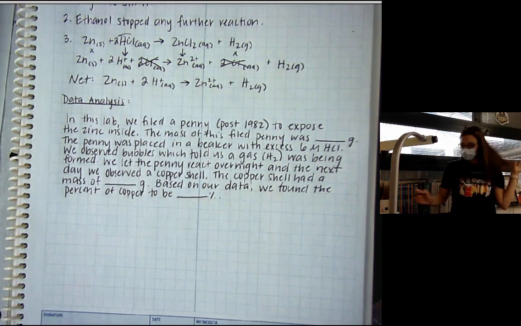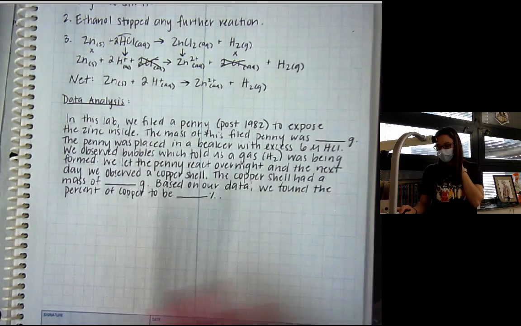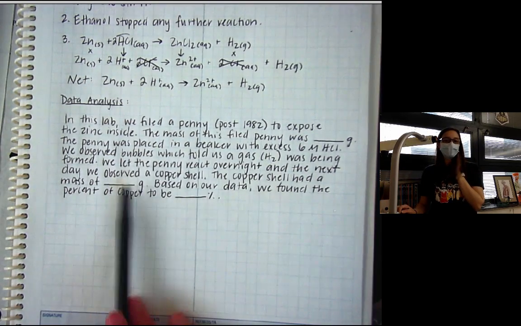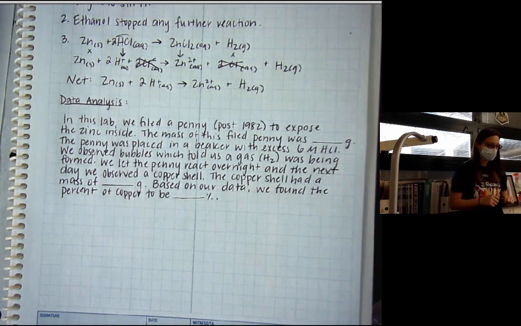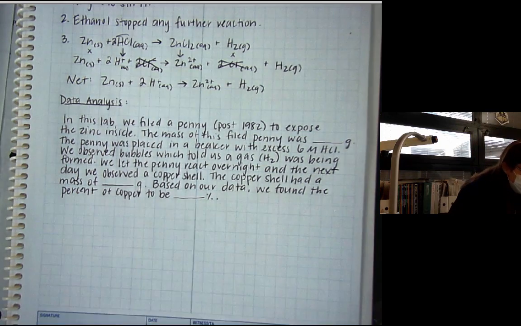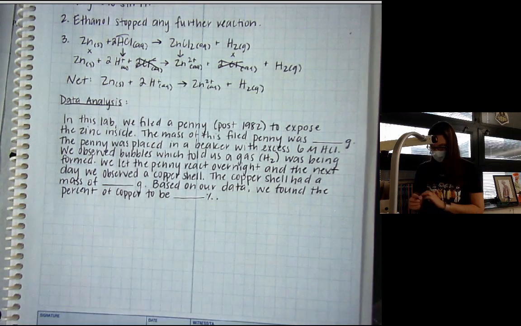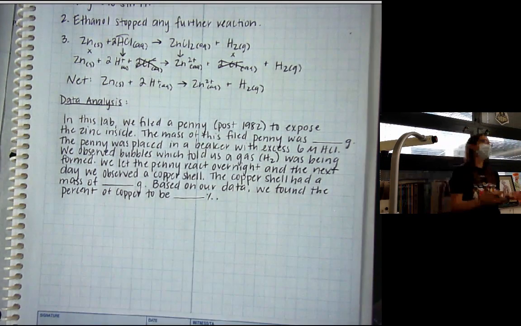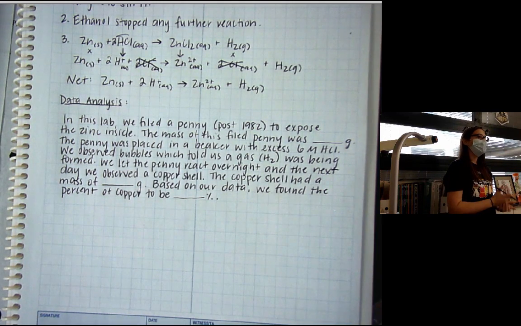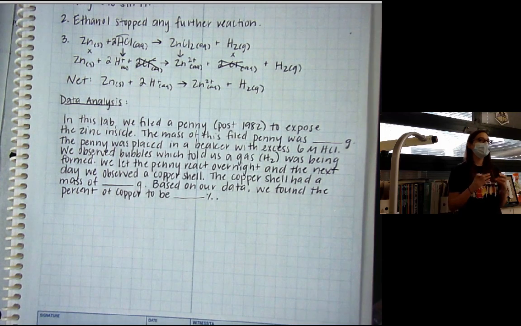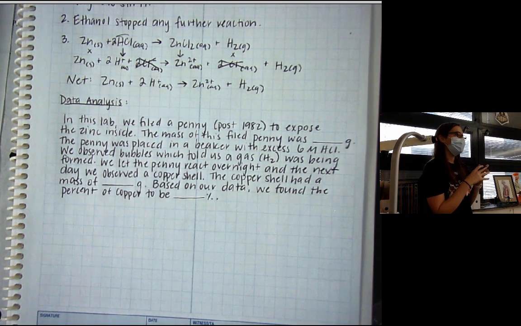So for these blanks, we have the mass of the filed penny, the mass of your copper shell, and then the percent of copper that we calculated in number 1. That's it in terms of summarizing what we did. This wasn't a very long lab. There wasn't a lot of data and observation. So this summarizes the lab itself.